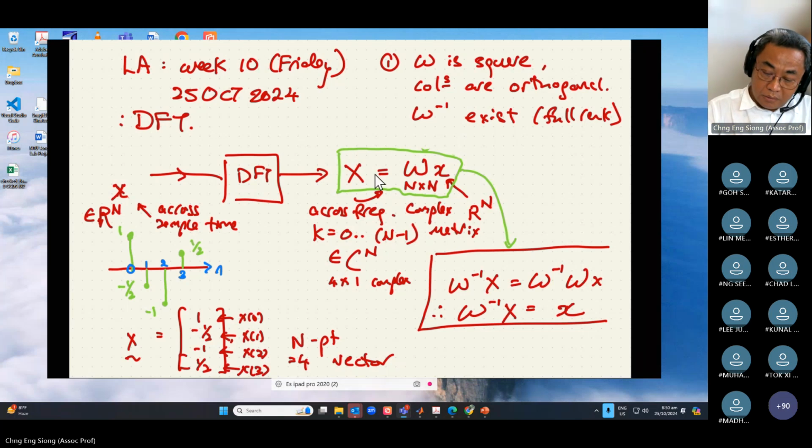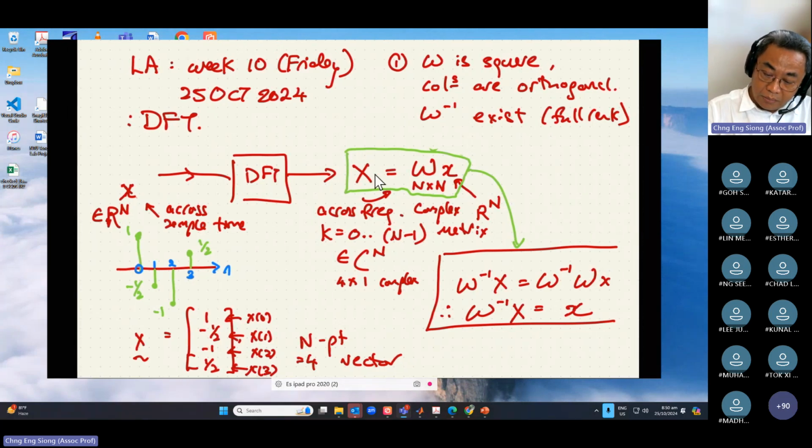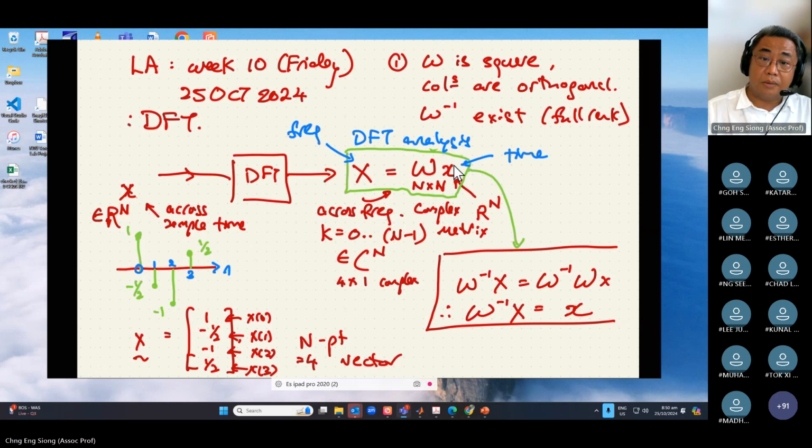If you're in the DFT world, we call this the top box, the DFT analysis, because we take the input from time and we represent it in the frequency domain, the big X. While here, this is the synthesis DFT or inverse DFT, IDFT.